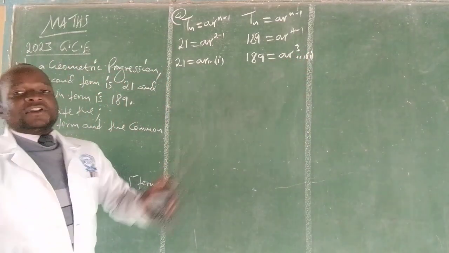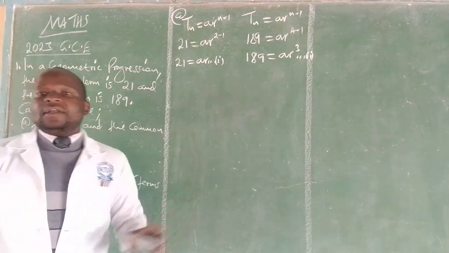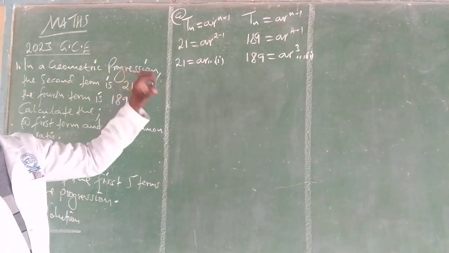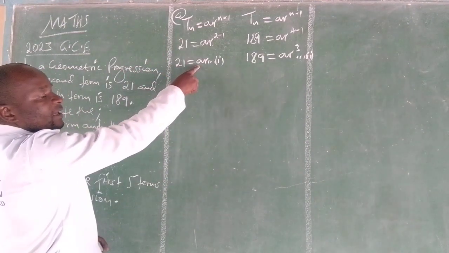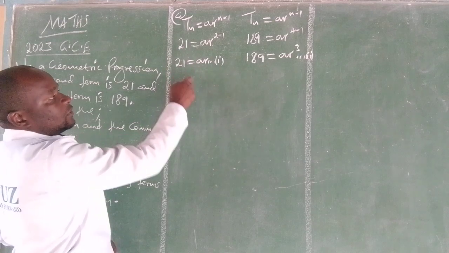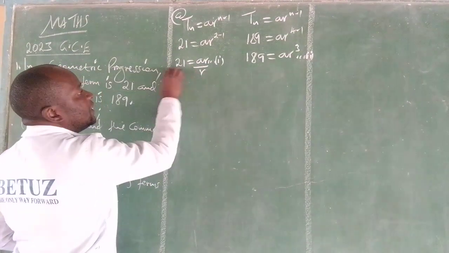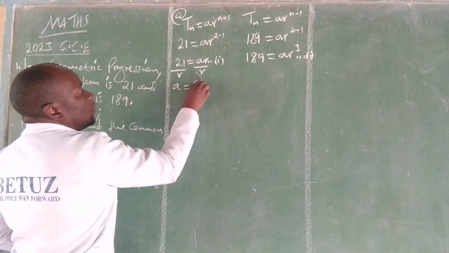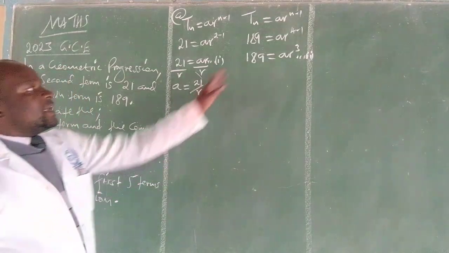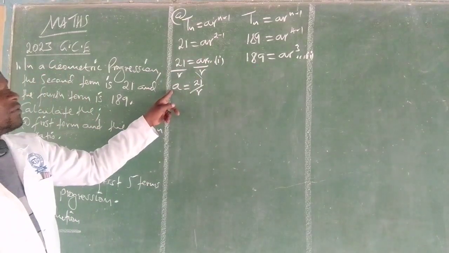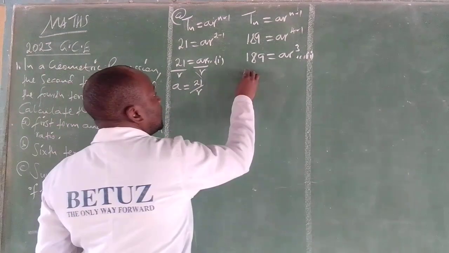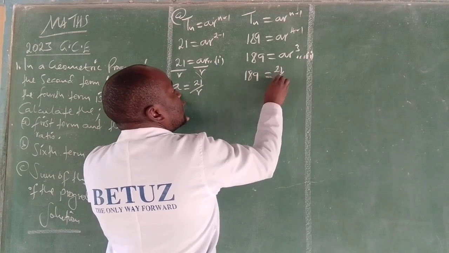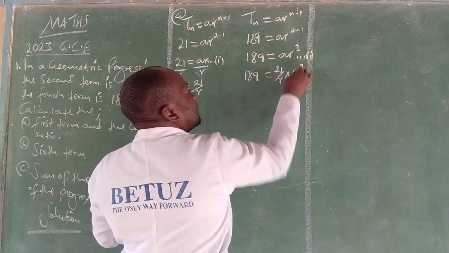Now make any variable, A or R, the subject of the formula. We have to use the substitution method. I'm going to make A the subject from the first equation, meaning I divide both sides by R. The R and the R cancel, therefore A becomes 21 over R. In the second equation, where there is A, we write 21 over R. So 189 is equal to 21 over R multiplied by R to the power 3.